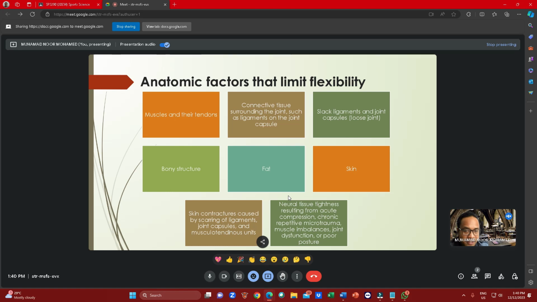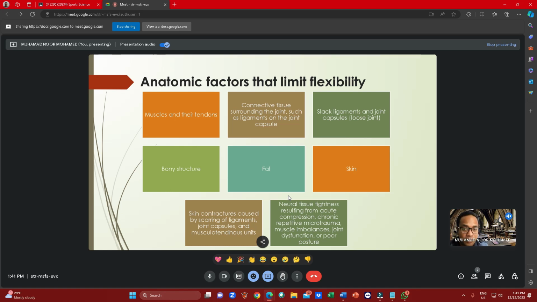Secondly is connective tissue surrounding the joint, such as the ligament and also the joint capsule. The ligaments depict the connection between bone and bone, such as our ACL, MCL, PCL, and LCL, all of which are at the knee.